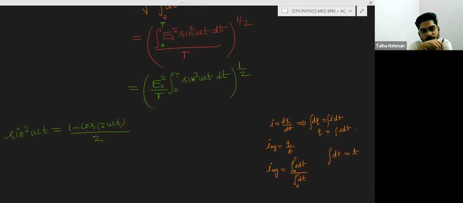This is the trigonometric formula. If you have cos 2 theta, then you can write 1 minus 2 sine square theta, and this can also be written as 2 cos square theta minus 1. This is trigonometry.